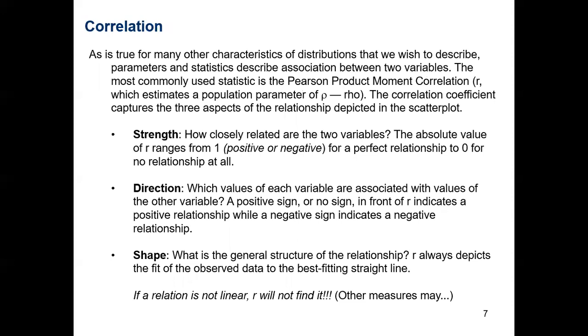As is true for many other characteristics of distributions that we wish to describe, parameters and statistics describe the association between two variables. The most commonly used statistic is the Pearson product moment correlation. We have different types of correlation indices, Spearman, Pearson.